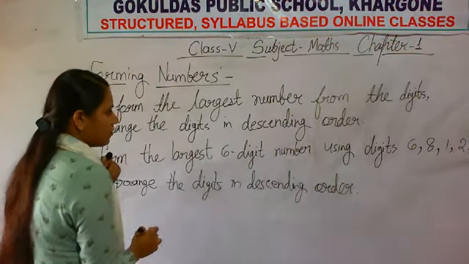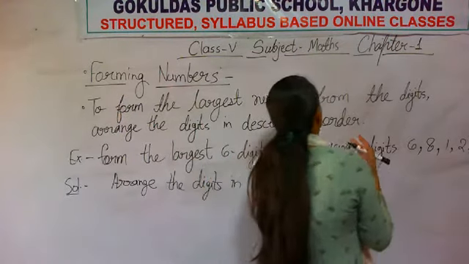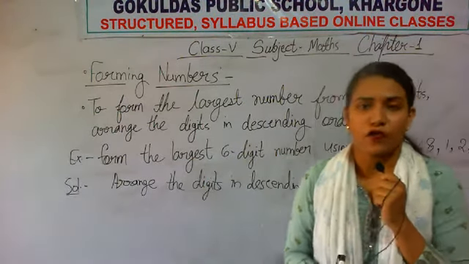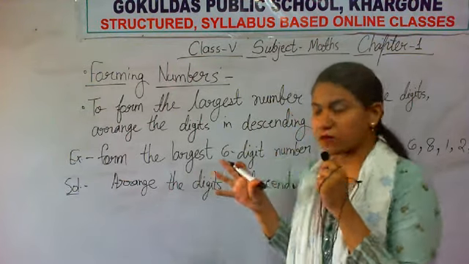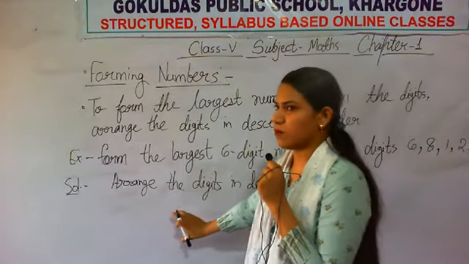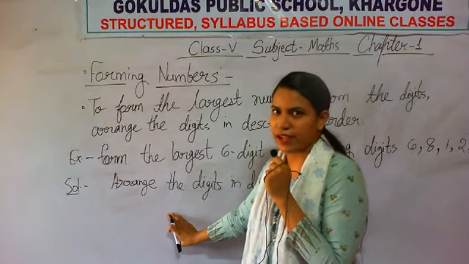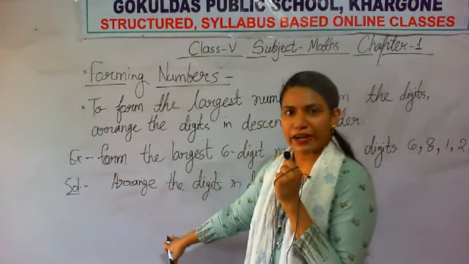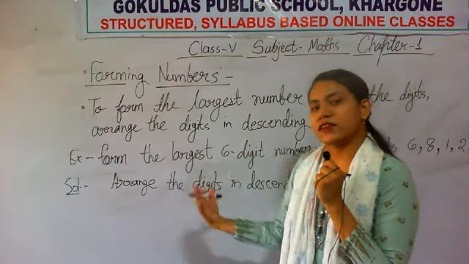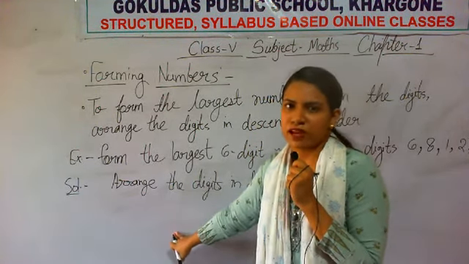So arrange here. In descending order, how do we arrange the numbers? In descending order, the largest number comes at first place, right? In ascending order, the smallest number comes at first place, and in descending order, the largest number comes at first place.